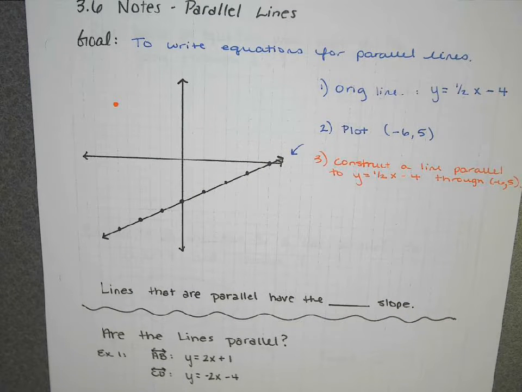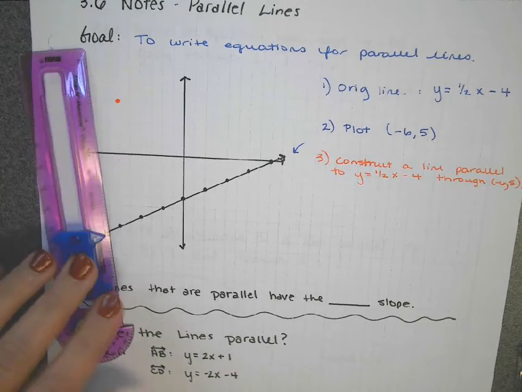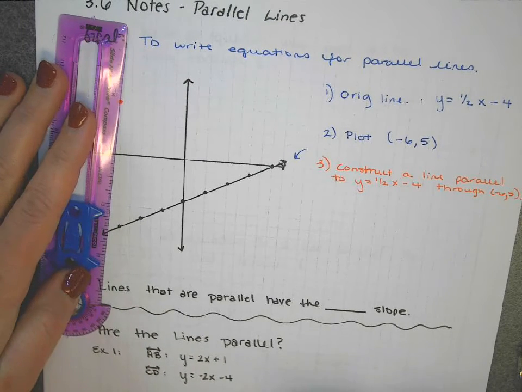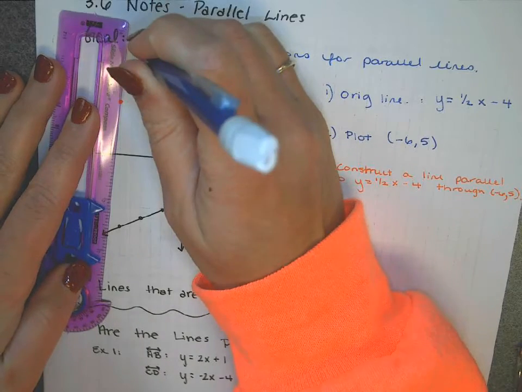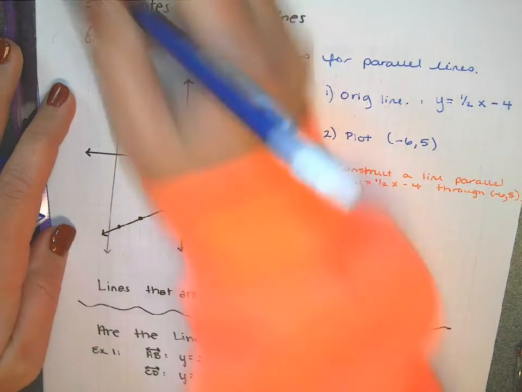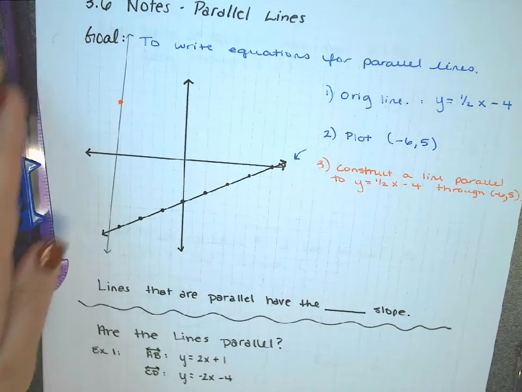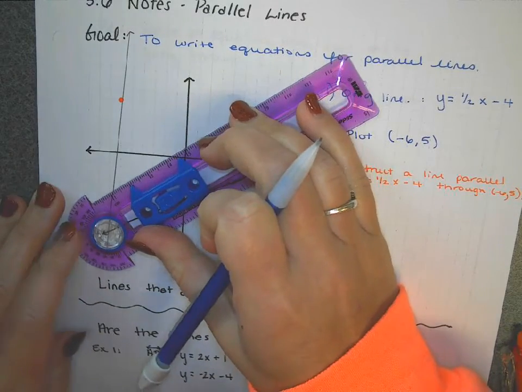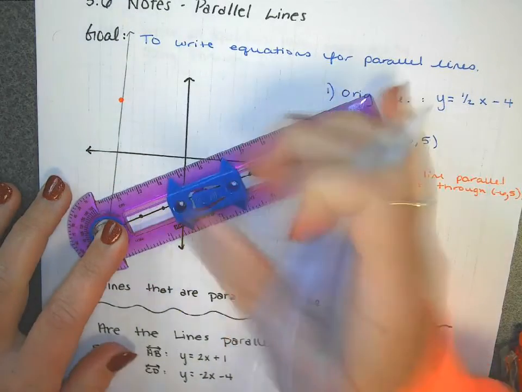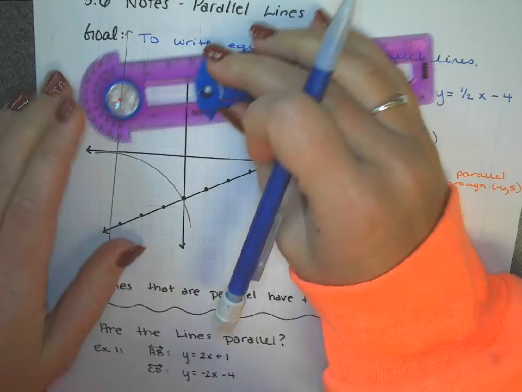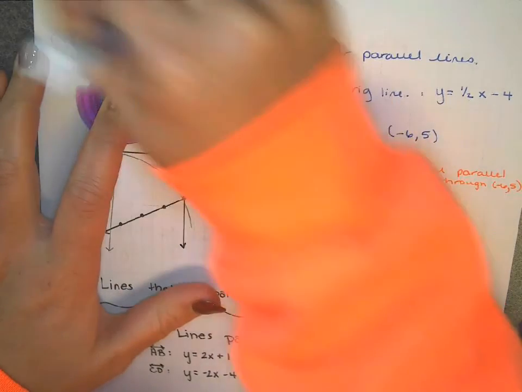So we're going to use our compass here. The first thing that we're going to do is draw that transversal. And now we are going to measure this angle by drawing the arc. We're going to copy that arc.